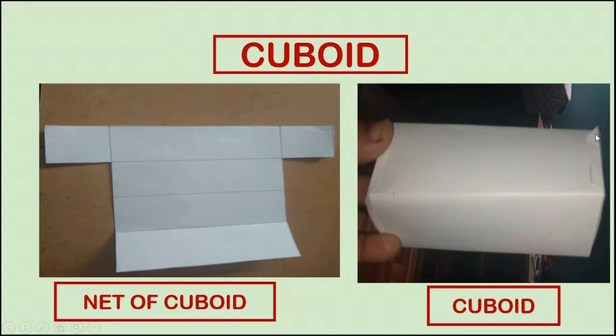With the help of this flap, it has been stuck into a cuboid, which is a 3-dimension shape. It is what? 3-dimension shape, and this is what? 2-dimension shape. It is a flat surface, and it is 3-dimension because it contains length, breadth as well as height.